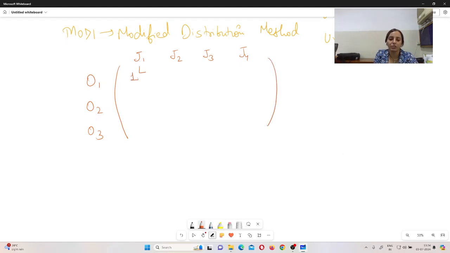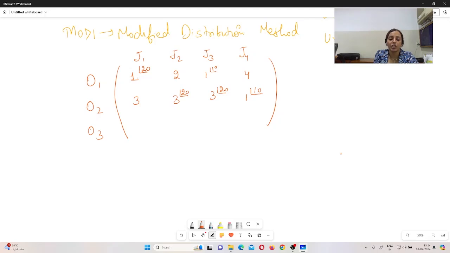From O1 to J1, we have given 20 allocations, O1 to J2, no allocation. On O1 to J3, we have given 10 allocation, and O1 to J4, no allocation. Then O2 to J1, 20 allocation, O2 to J3, 10 allocation.